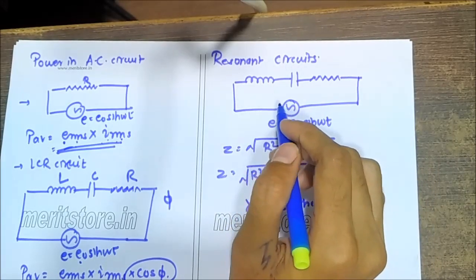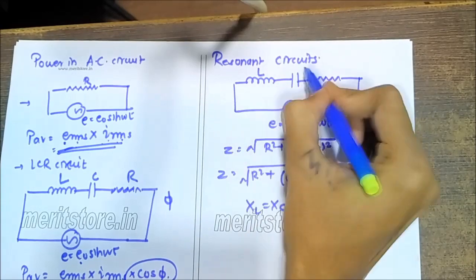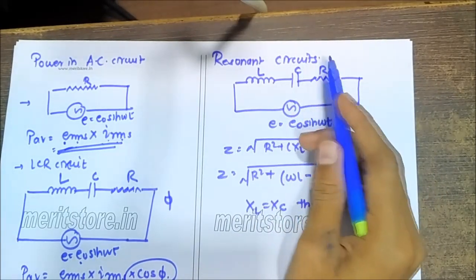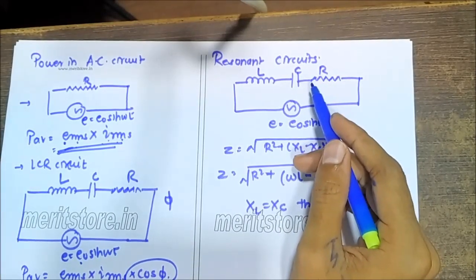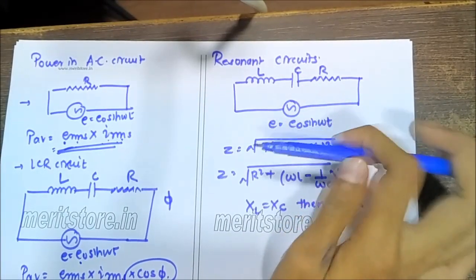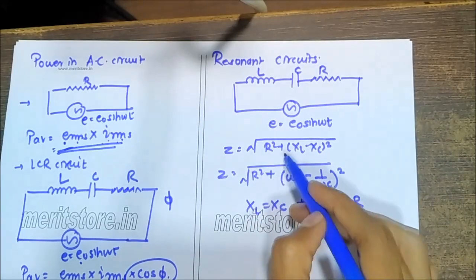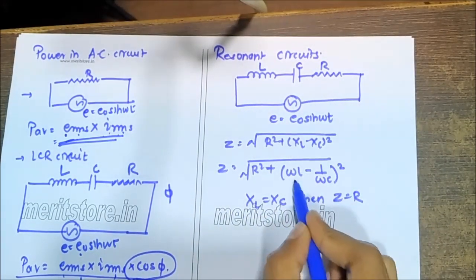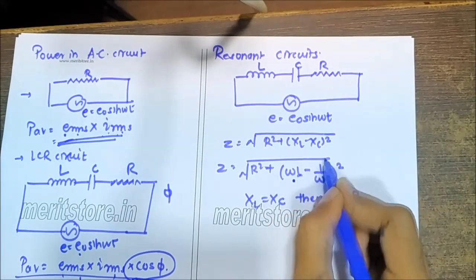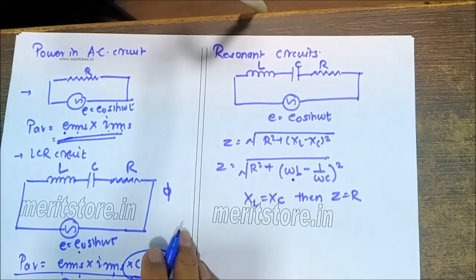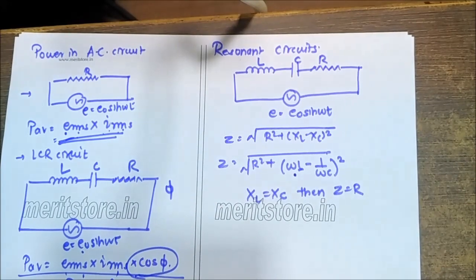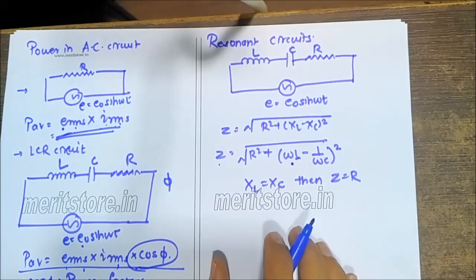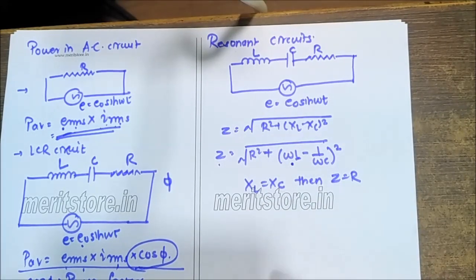So here we have a series resonance circuit, that is L, C, R, in which we have all three components: inductor, capacitor, and resistor. We already know the impedance is given by Z equals root of R squared plus (XL minus XC) squared. In terms of frequency, XL is omega L and XC is 1 upon omega C. So the impedance Z varies with the frequency of the applied EMF.